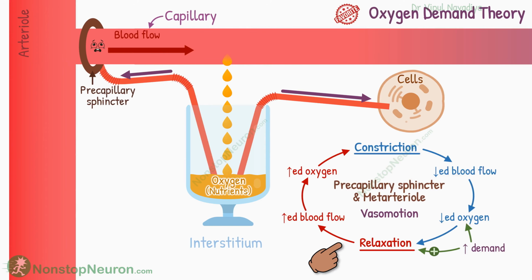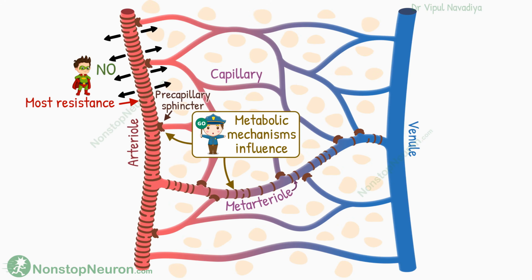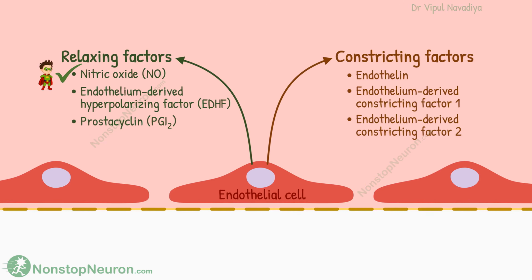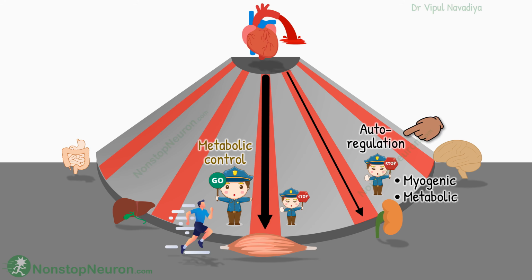Here, the open state lasts longer when demand is increased. When metabolic control mechanisms open small vessels, nitric oxide secondarily dilates upstream vessels too. And finally, autoregulation prevents changes in blood flow in those organs where it's not needed.